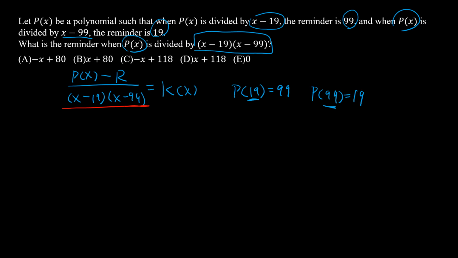If we just plug in x equals 99 here, it's going to be 0. It won't work, right? But what we can do is take this part, the x minus 99, and multiply it to the other side, which will give us this equation.